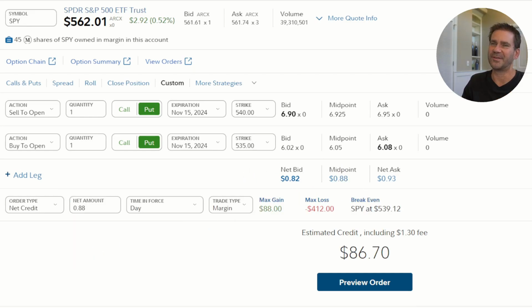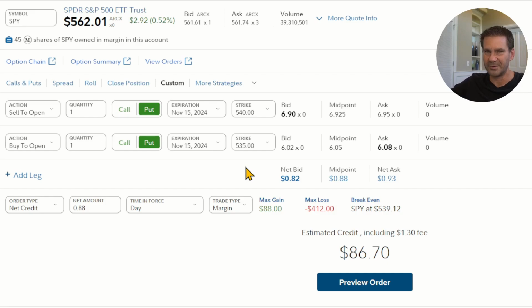I think the most important thing to understand here is that we have now defined our risk with this 535 strike price that we bought, right? Just like any time that you buy a put, you're buying protection, right? You're limiting your loss. So if you buy an at-the-money put at 562 and SPY drops to $2 a share, what is your limit? Well, you get to put your shares that you have to this other person at 562.